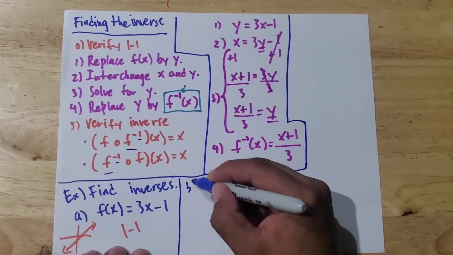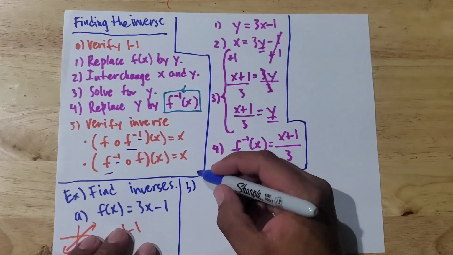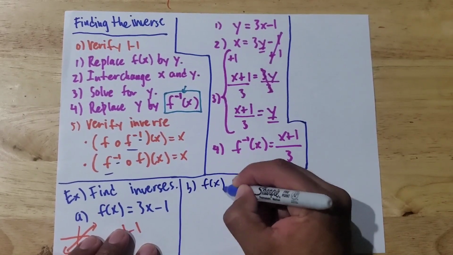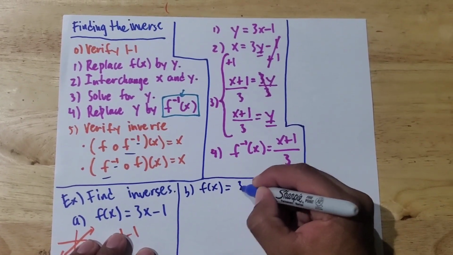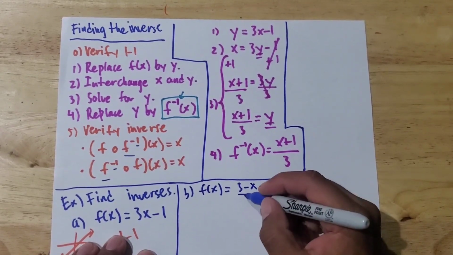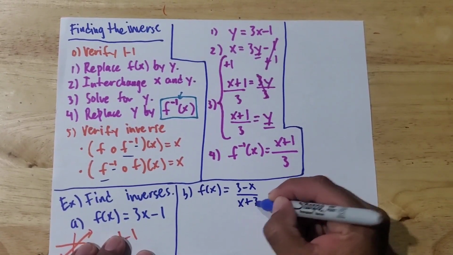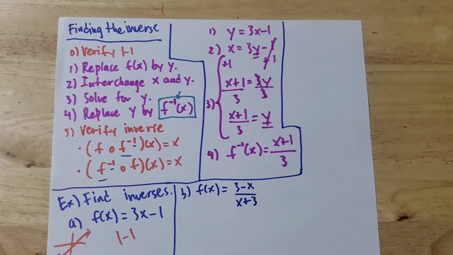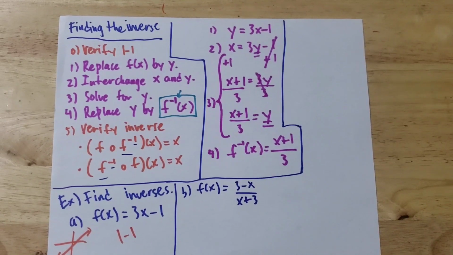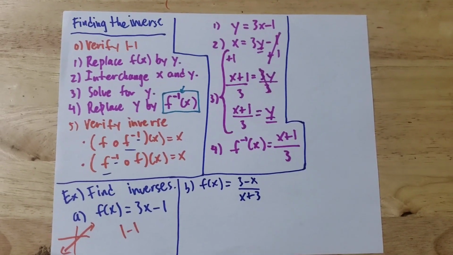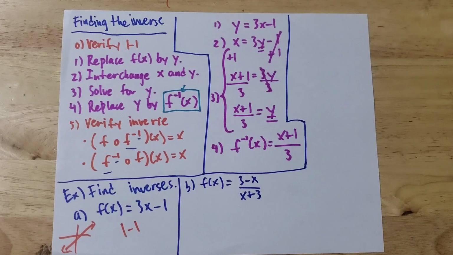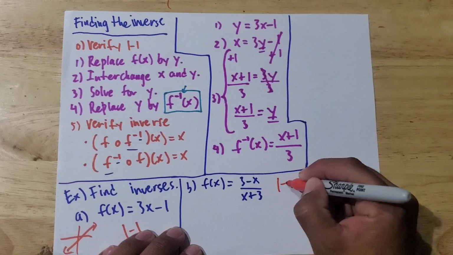So next example, we have f of x is equal to 3 minus x over x plus 3. Alright, we haven't graphed these types of functions yet, but they're considered rational functions. And for now, I'll tell you that this is a one-to-one function.